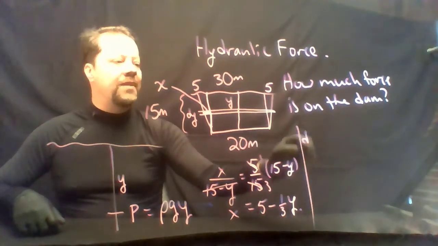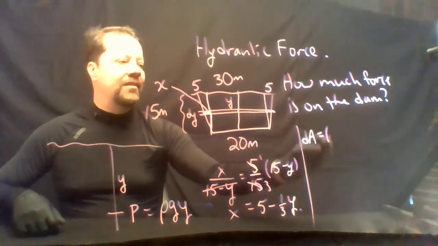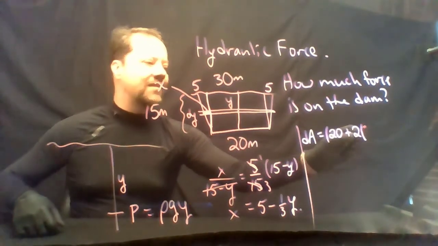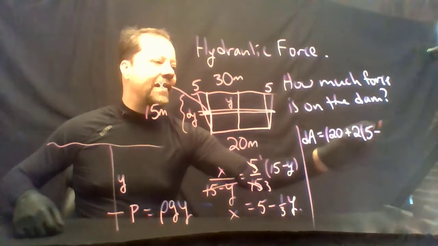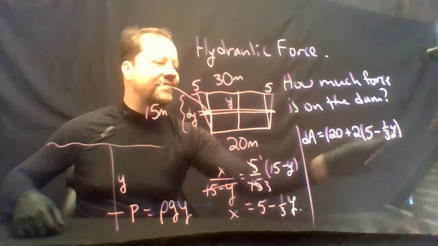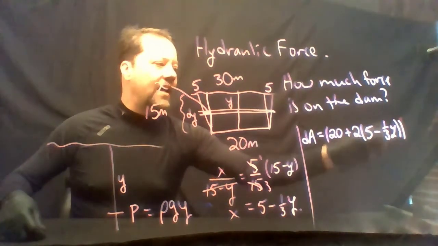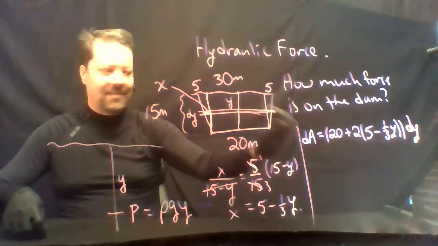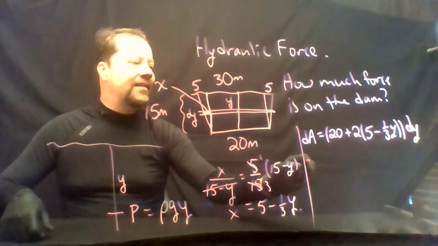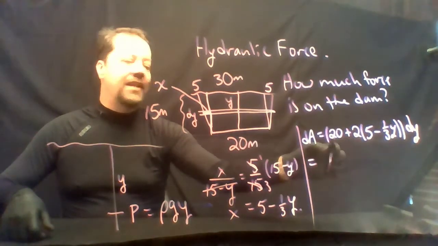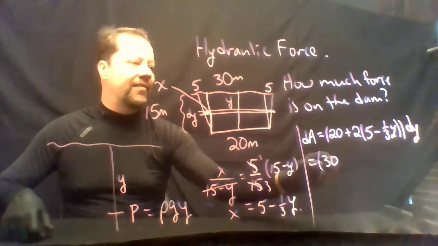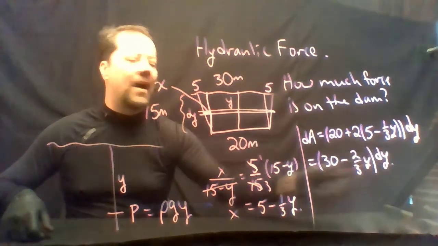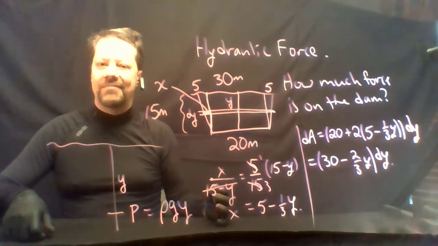Our little element of area will be 20 plus 2x, and x is 5 minus 1/3 y, times dy, the little thin slice, height of the slice. Distributing, we'll have 10 plus 20 is 30, minus 2/3 y, all times dy. That's our element of area.